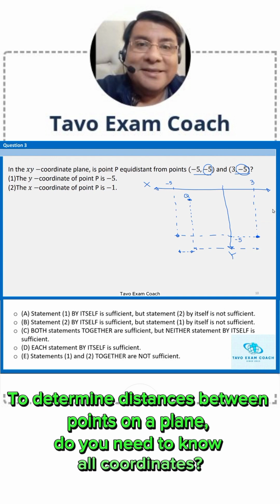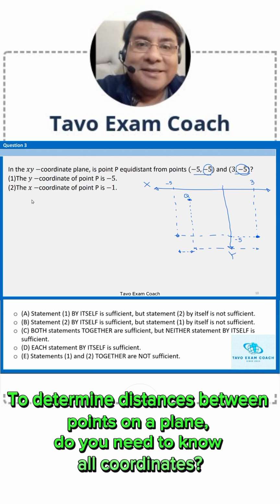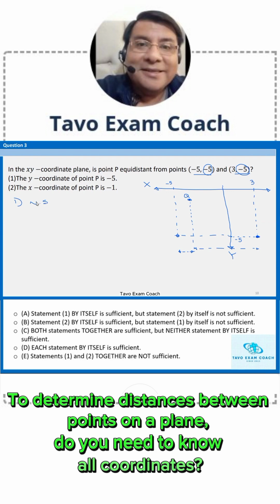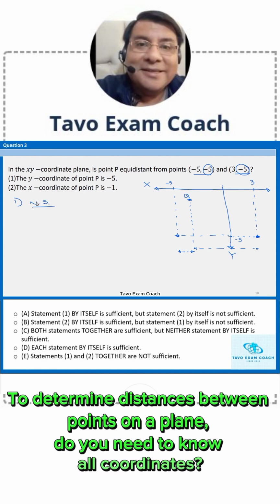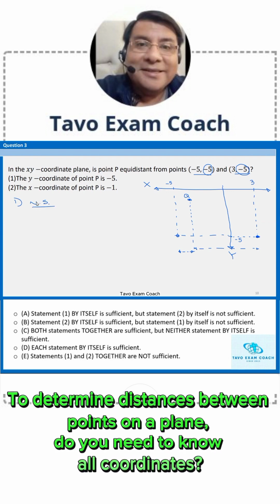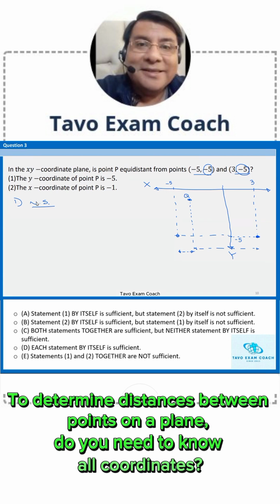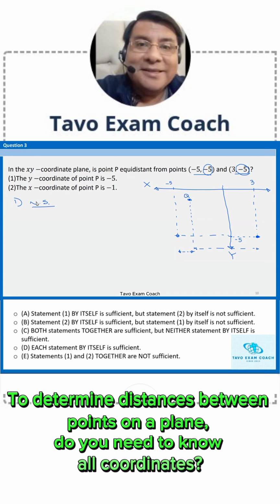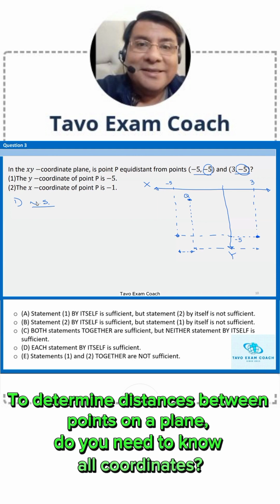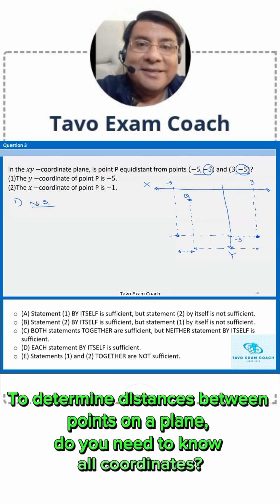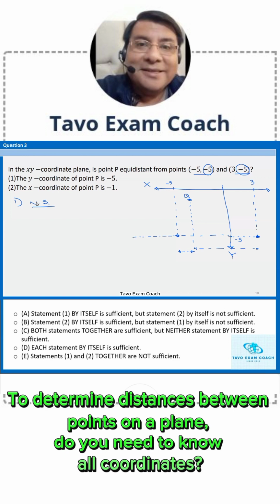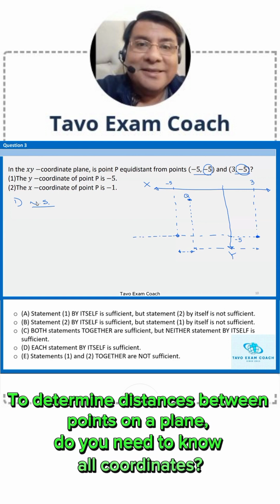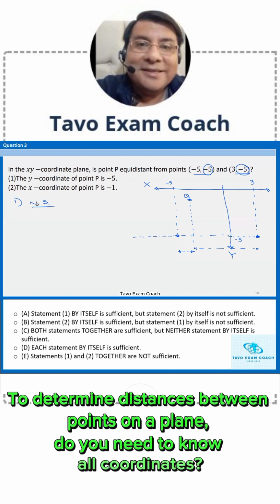So, because of this, we can be sure that statement 1 alone is not sufficient, because statement 1 provides us exactly with the vertical position of the point. And being the vertical position of point P exactly the same as the position of the 2 points, that puts point P alongside the line containing the 2 given points.